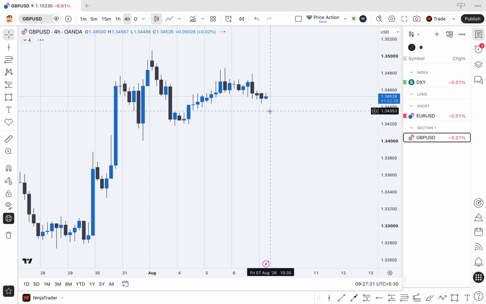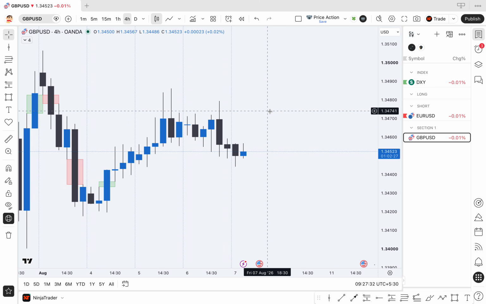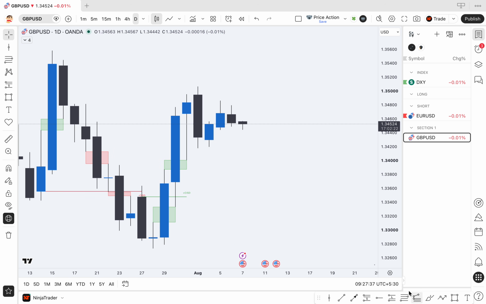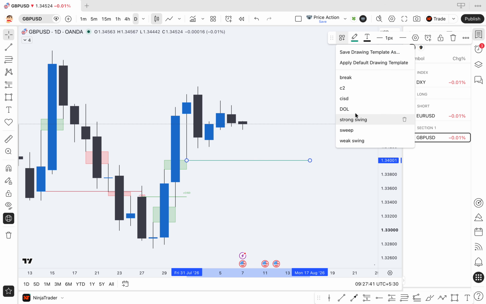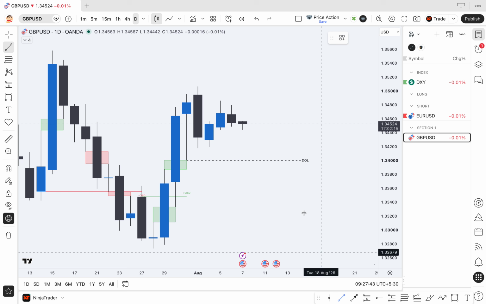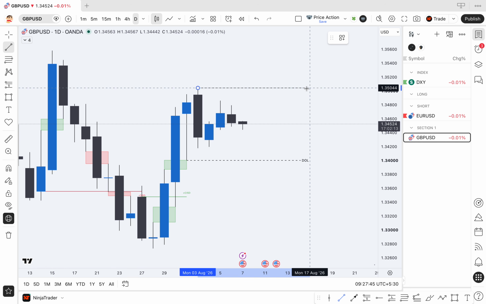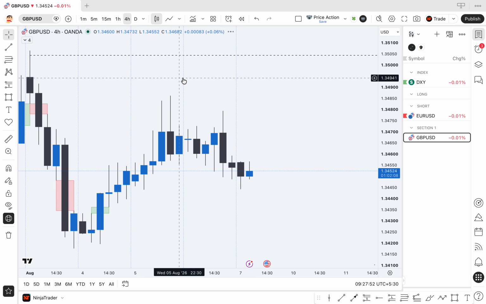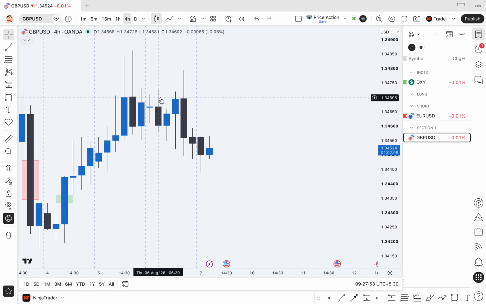So next one is GU. For GU, what do we have? We have a drawn liquidity on this point, and for now, this will be a drawn liquidity because it's a high on this point. Going into 4 hour, do we have any fair value gap? No, we don't.